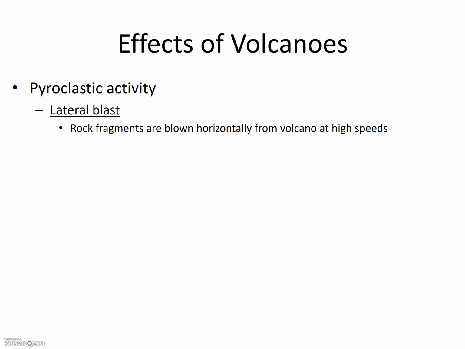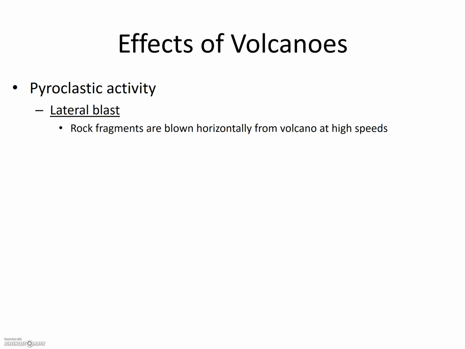Pyroclastic activity also includes material from a lateral blast, where rock fragments are blown horizontally from the volcano at high speeds. A pyroclastic flow, also known as ash flows, hot avalanches, or nuées ardentes, are avalanches of hot ash, rock, volcanic glass fragments, and gas that flow at 160 kilometers per hour with temperatures greater than 100 degrees Celsius.